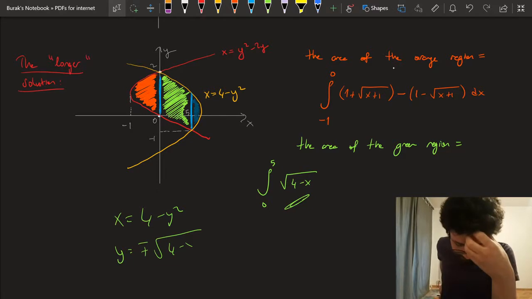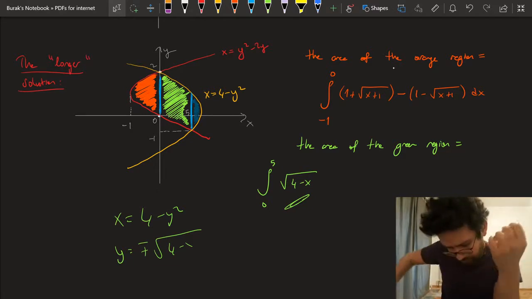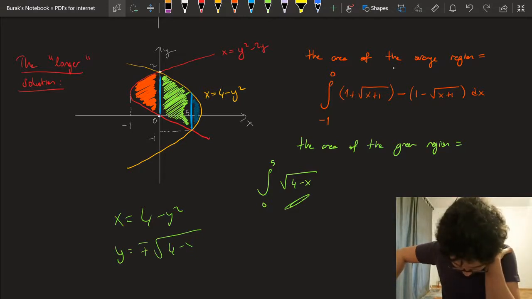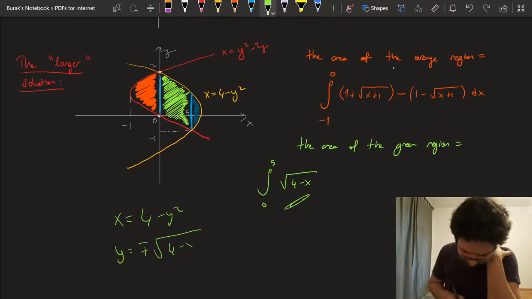Let me figure out what it is. I think my intersection point is wrong. Let me find the intersection point again.